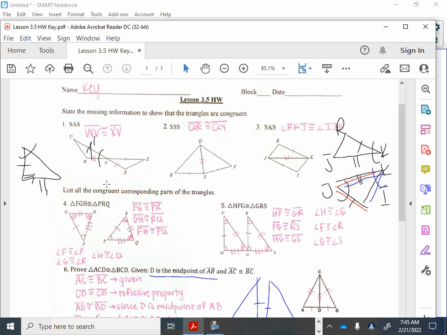So that means I'm missing a side, which is why I listed the side. For number 3, my quote-unquote obvious is that side is congruent to itself, which means I need the angle. So I'm still proving by side angle side, but my non-obvious is different. For number 1, my non-obvious was a side. For number 3, my non-obvious is an angle.